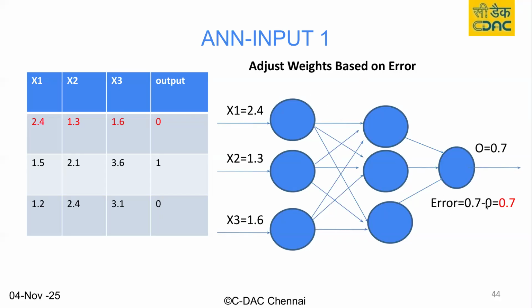Error is minimized means instead of 0.7 I should get 0. So how can we minimize this error? We have to adjust the weights associated with each of these connections. Because we are taking sigma xi wi, by adjusting the values of the weights we can adjust the output.